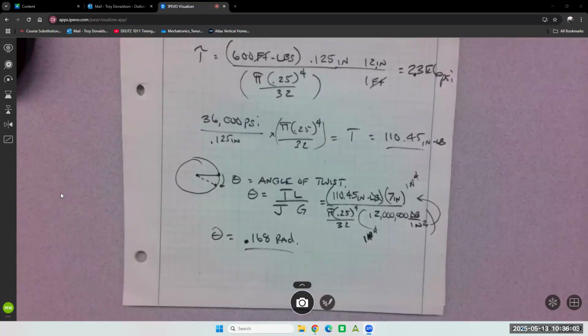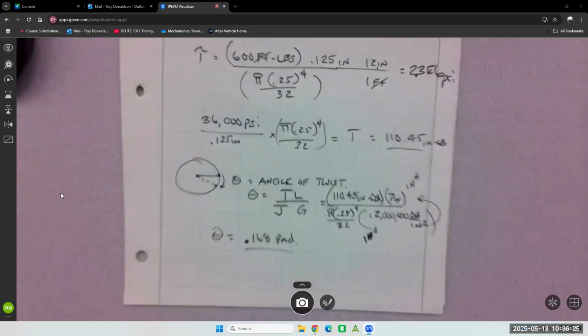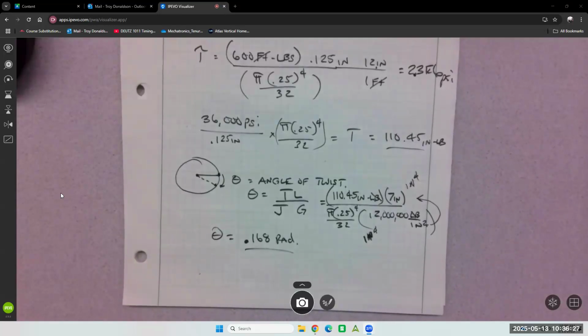Anyone know that conversion? Isn't it like times pi over 180 or something? That's from degrees to radians. So what's the relationship? How many degrees are in pi? 2 radians is 360. 1 radian, 180. I don't care which one you remember, but one of them you need to remember. I do the 180 in pi.